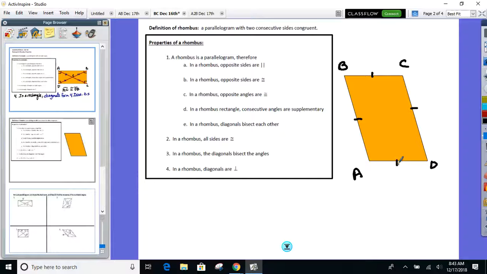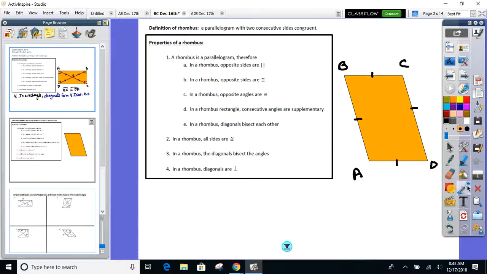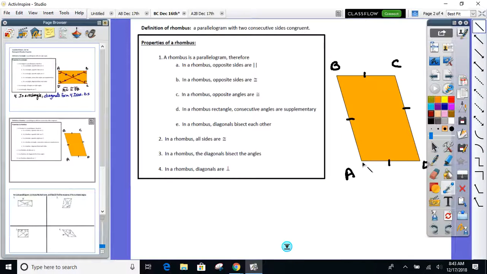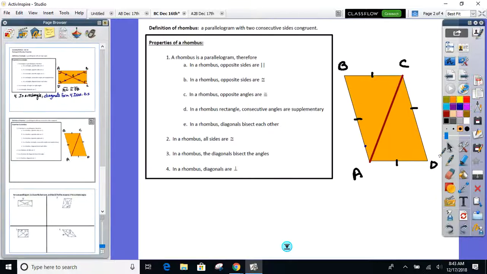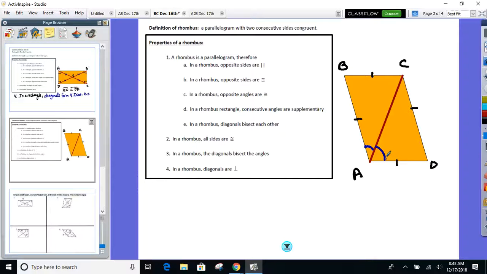What else do we know? Oh, this is huge. Diagonals bisect the angles. So ready? I'm just going to draw in one right now, diagonal AC. So these 2 angles, congruent. These 2 angles, congruent.